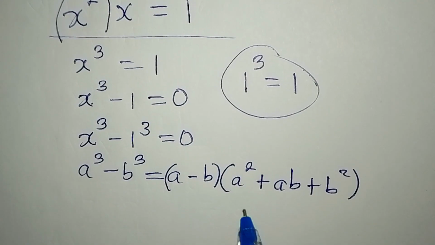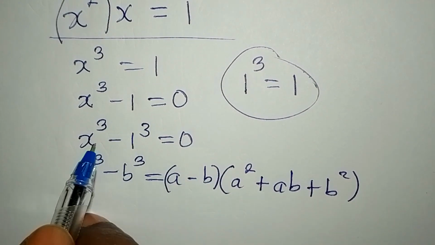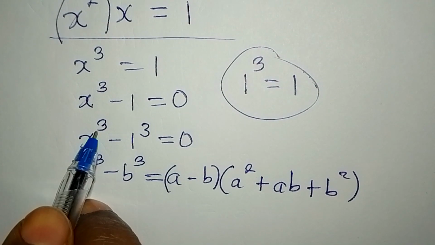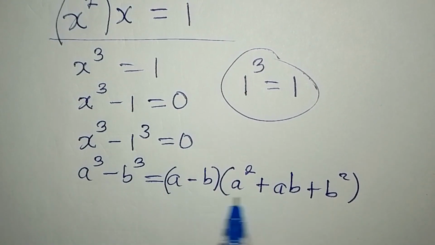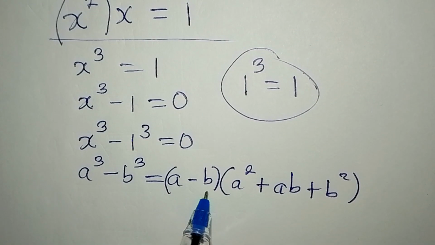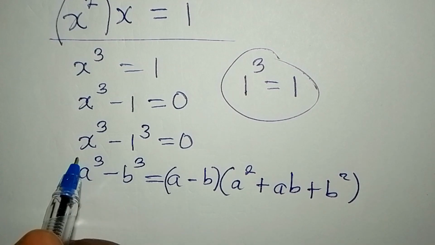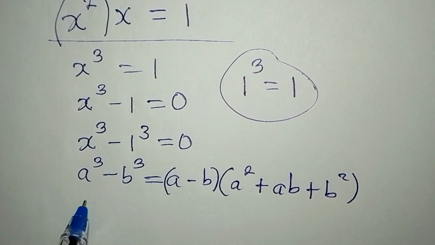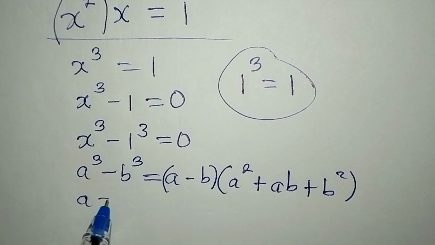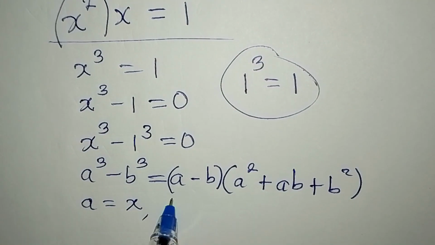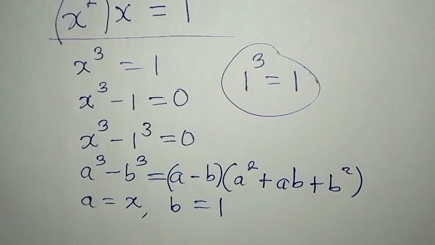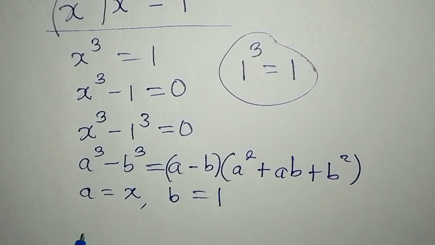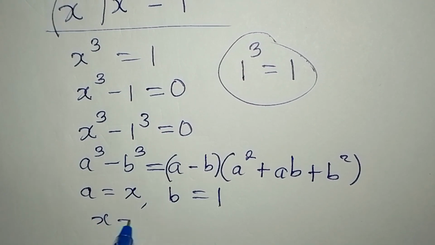So if you know that this is what it is, you can now express x to the power of 3 minus 1 to the power of 3 in this form. So our a minus b now becomes x minus 1, because now our a is x and our b is 1. So we substitute. a minus b becomes x minus 1.